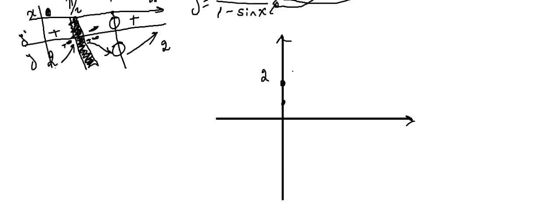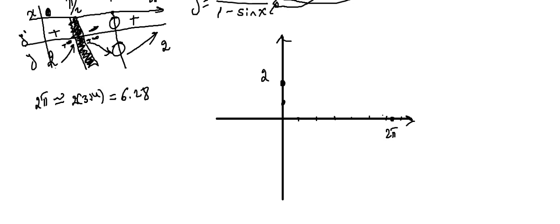What else? We got 2 pi, 0. 2 pi is approximately 2 times 3.14, so it's approximately equal to 6.28, right? So let's say 1, 2, 3, 4, 5, 6, 7. 6.28, a bit more than 6. This is 2 pi. That's great.